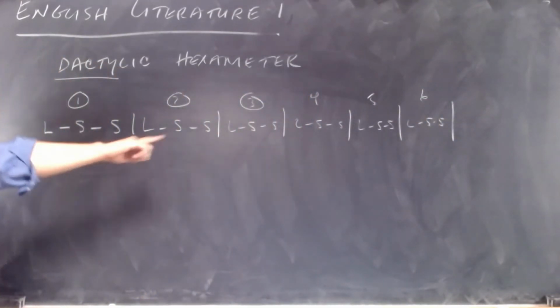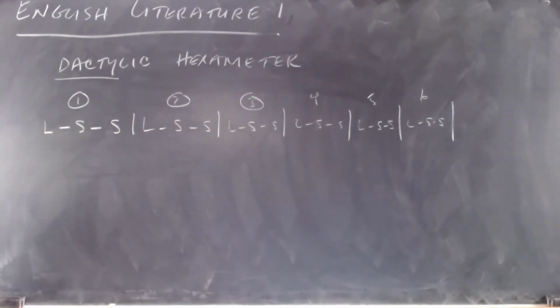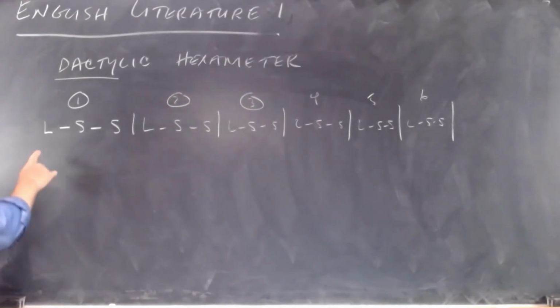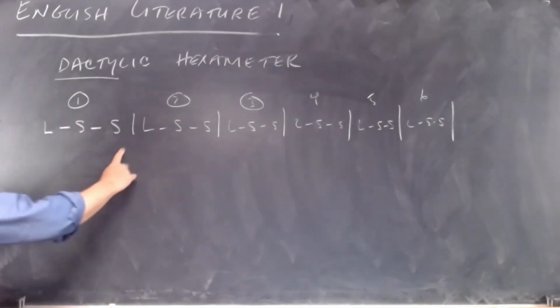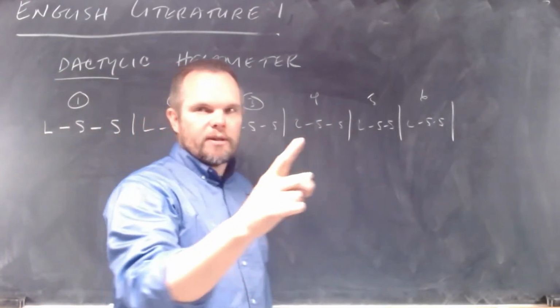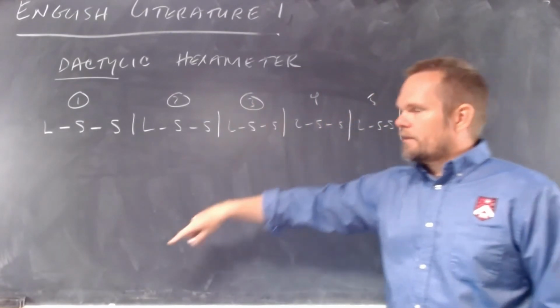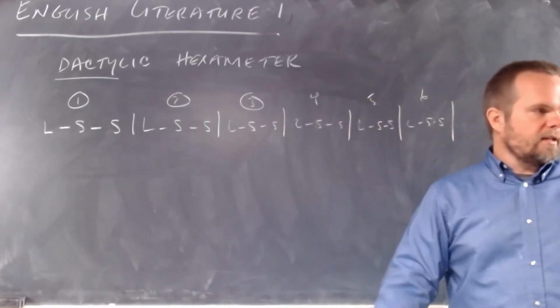So in Homer's poetry, normally, this is the normal meter. It's long, short, short, long, short, short, long, short, short, long, short, short, and it repeats 6 times every line. And then the next line starts over and does the same.